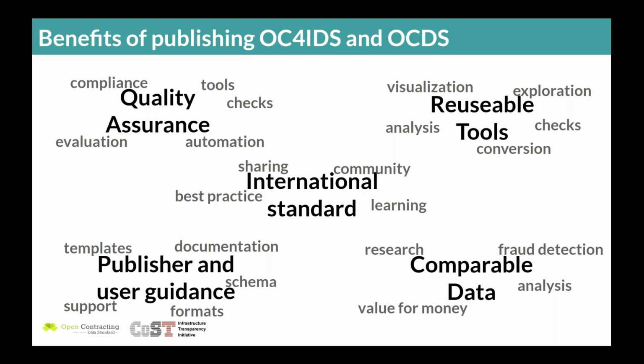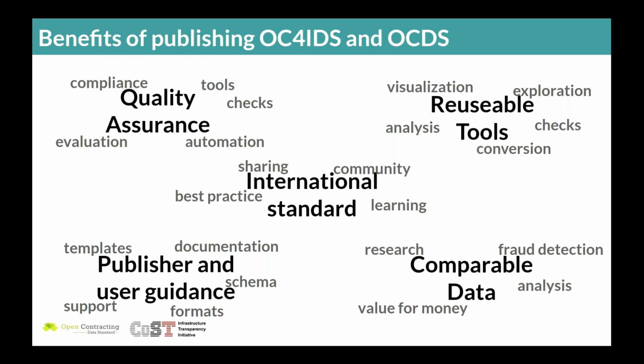And this means that there's a developing ecosystem of reusable tools, because the tools can rely on the fact that there are common fields in the same format across all the data. So a tool built for one instance of OCDS or OC4IDS will work across any of the similar sorts of data.